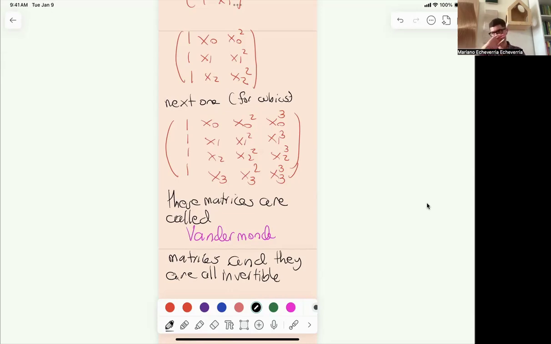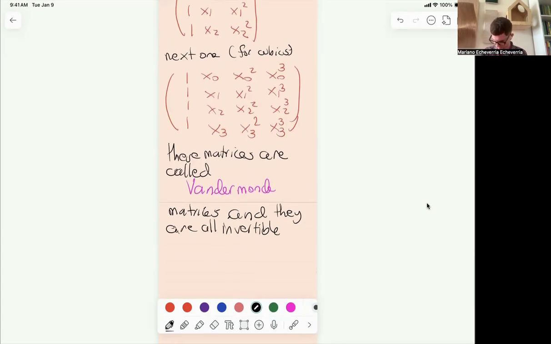Which means, the reason why I'm saying that, is that if you have n plus 1 points, you can find a polynomial of degree n that passes through these points. Okay, and in fact, it would be a unique polynomial of degree n that passes through all these points.